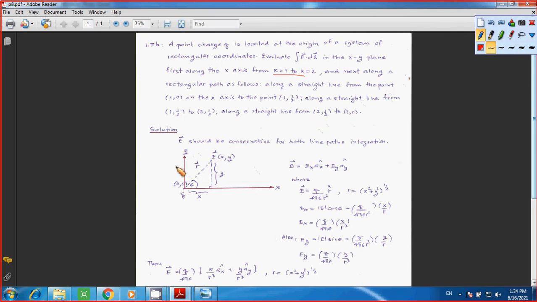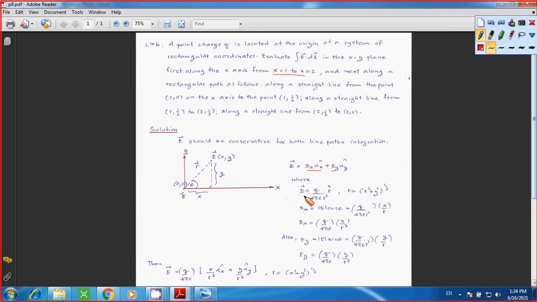Let's take a look at the diagram here. You have the point charge at the origin (0, 0), and I wrote down the electric field at an arbitrary point (x, y). E equals Ex with the unit vector ax plus Ey, the electric field component on the y-axis, with unit vector ay.